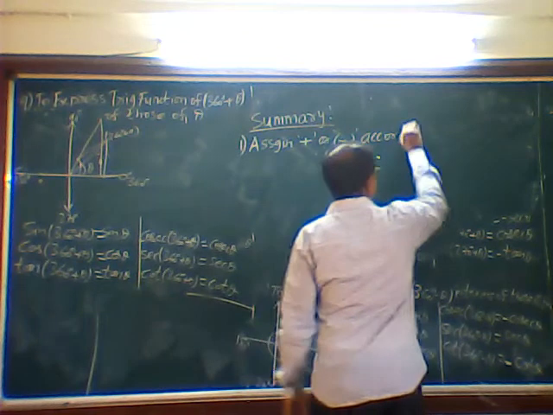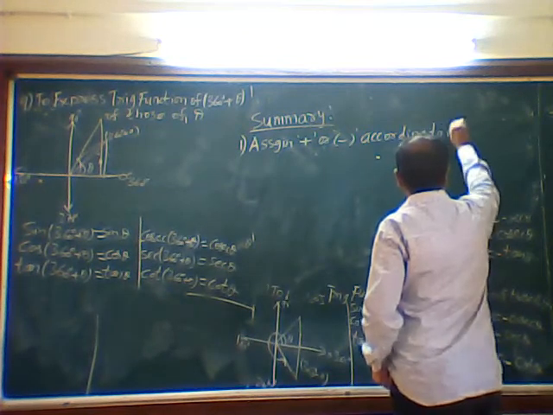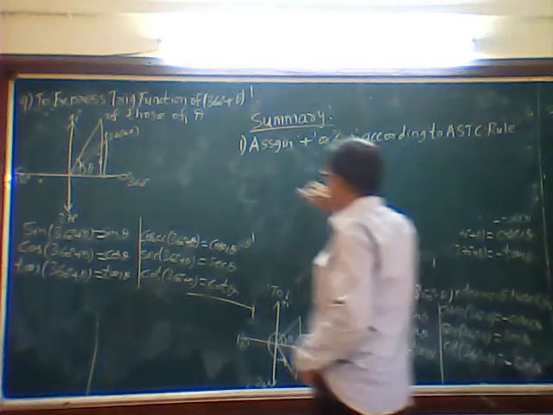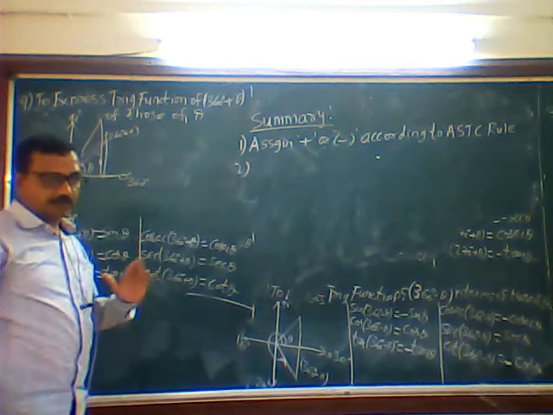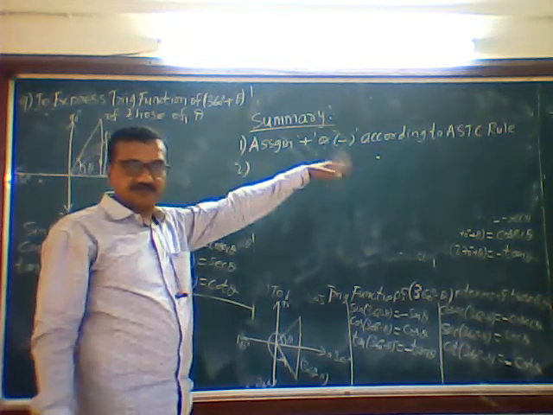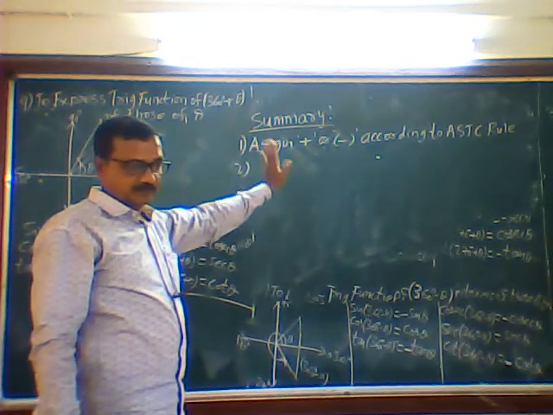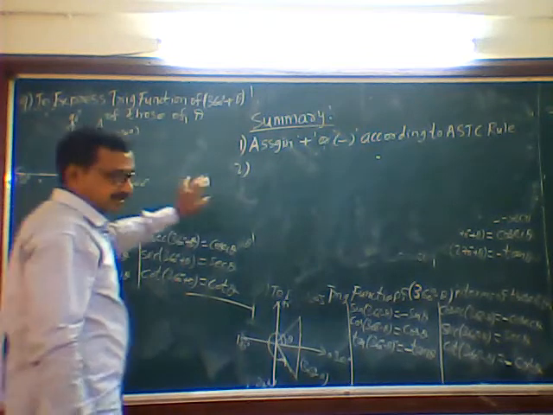First we check in which quadrant it is lying, that is, which quadrant in the ASTC rule, and whether you should assign plus or negative. Assign plus or minus according to the ASTC rule.